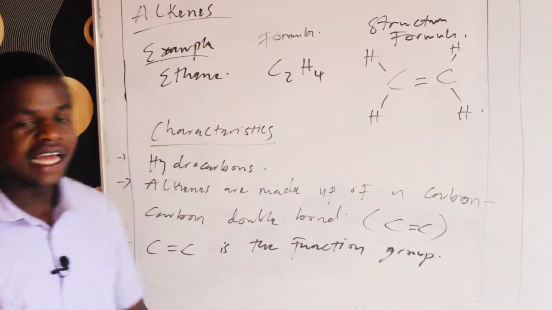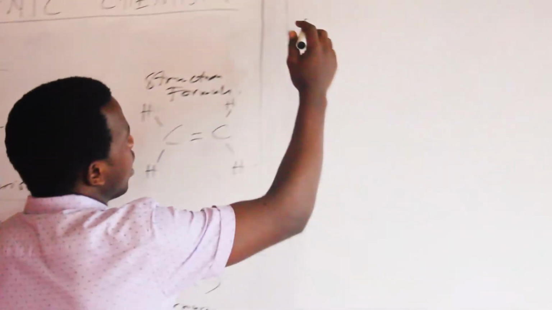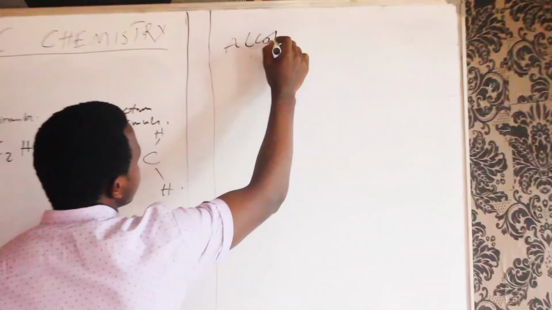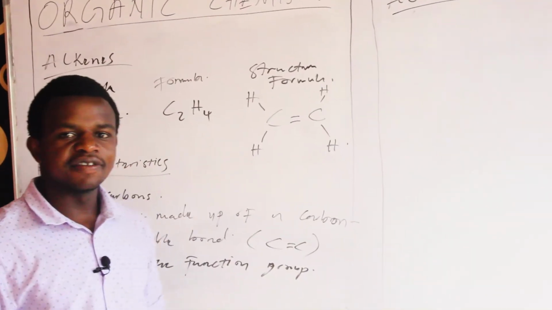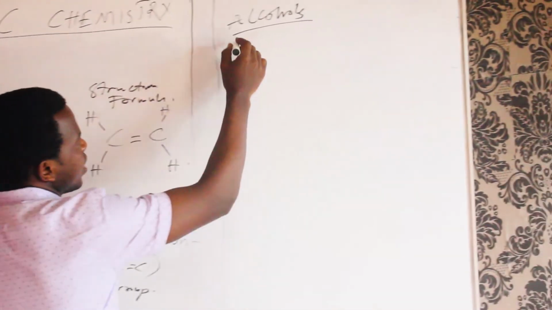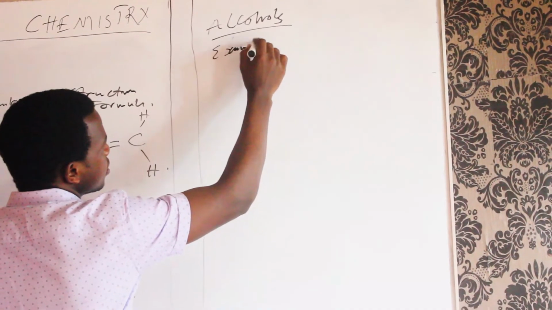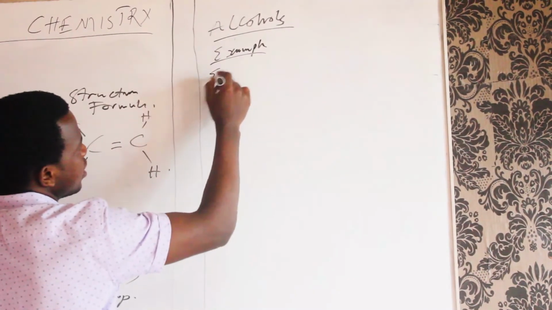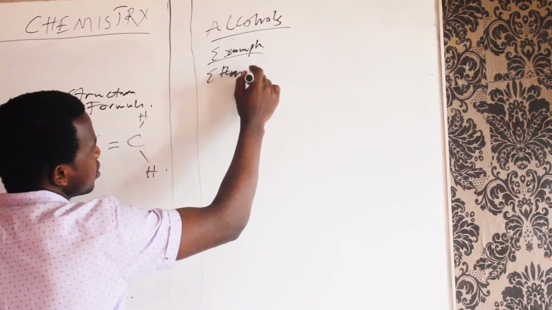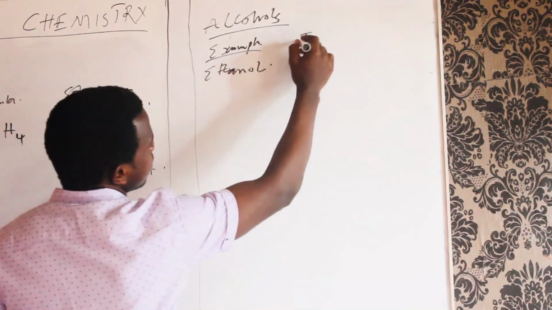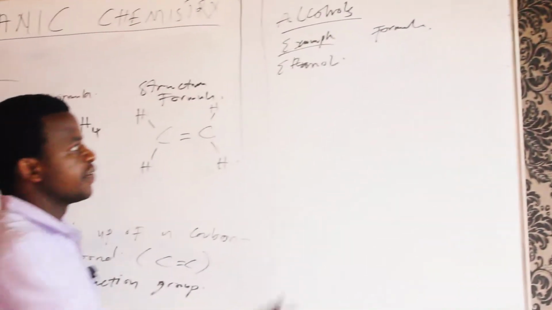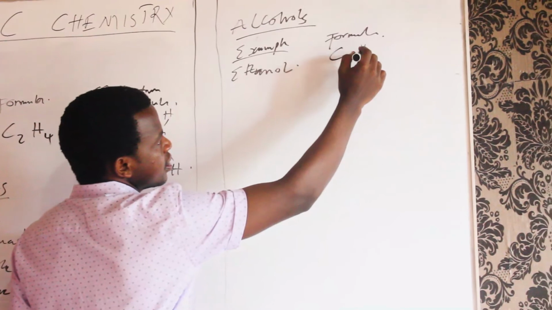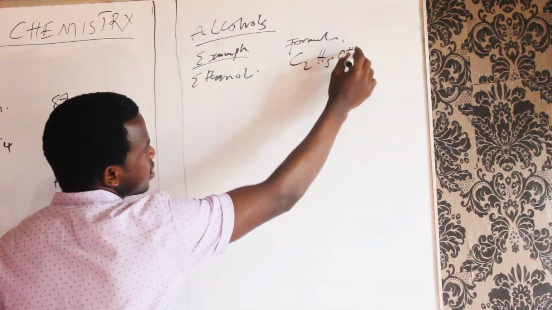Let us look at another family, which are the alcohols. And from the alcohols, an example that I'm going to give is ethanol. And the formula of ethanol is written in this form: C2H5OH.